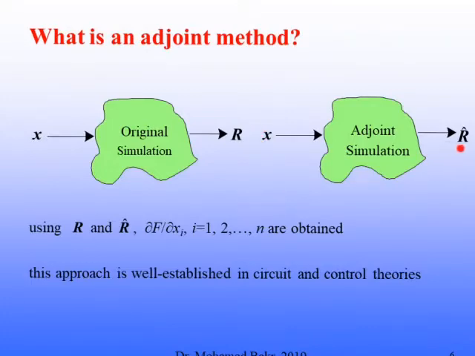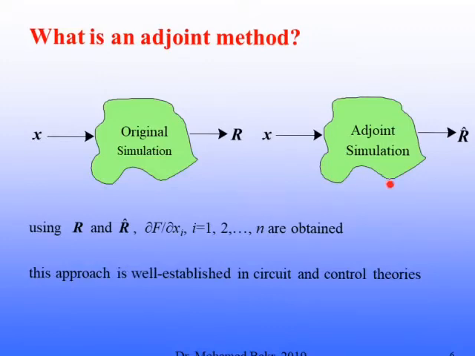You're going to get something called the adjoint response. Using R and R hat, evaluate the gradient: all the components of the gradient, all the derivatives of the objective function with respect to all the parameters, regardless of n, are obtained.